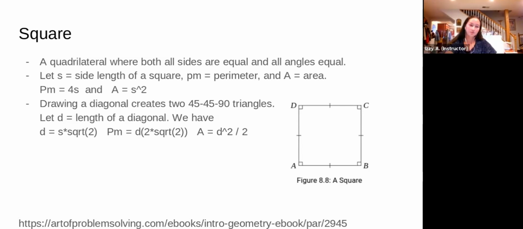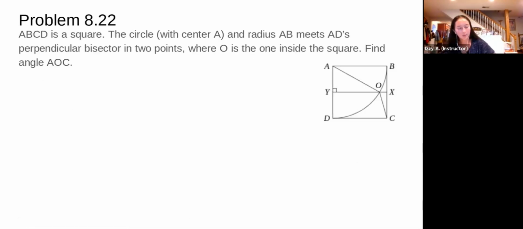Okay. Next we have problem 8.22. ABCD is a square. The circle with center A and radius AB meets AD's perpendicular bisector in 2 points, where O is the one inside the square. Find angle AOC. I would say it's a bit more of a difficult problem.